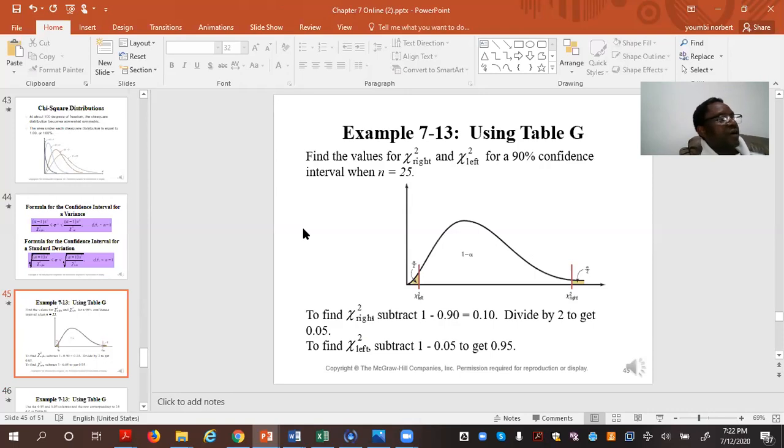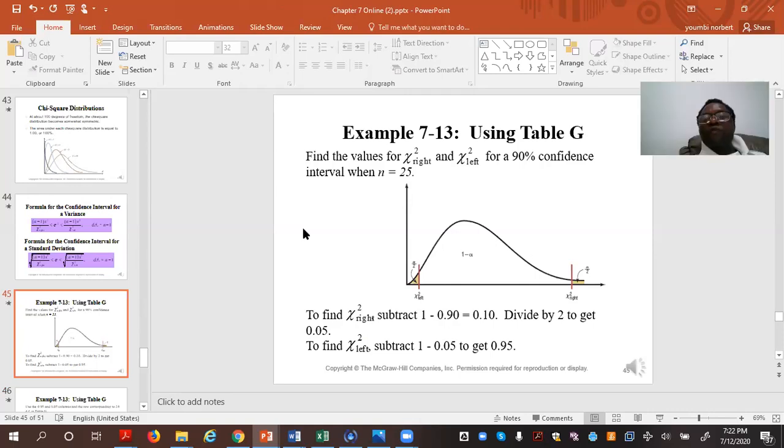Have you seen the chi-square distribution table? Okay, I have it. You all have it?